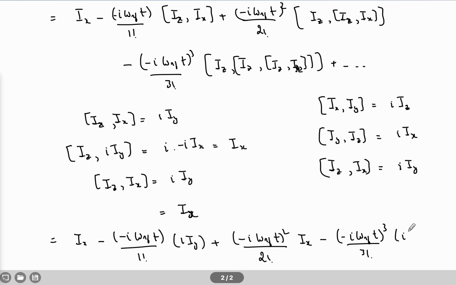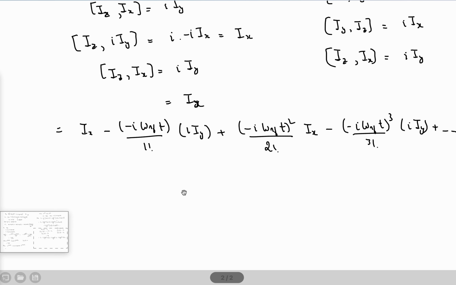This whole thing will be again iy and so on, right? Now if I simplify this, I will get ix. This will be equal to minus into minus plus, and then i square will be negative.